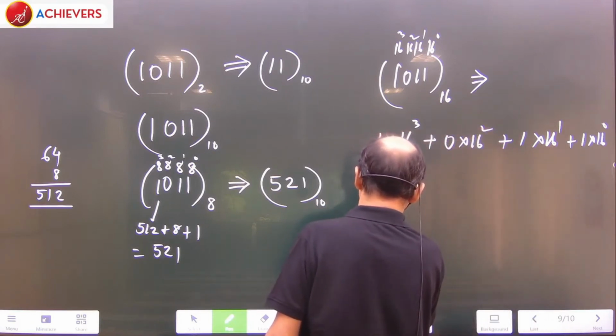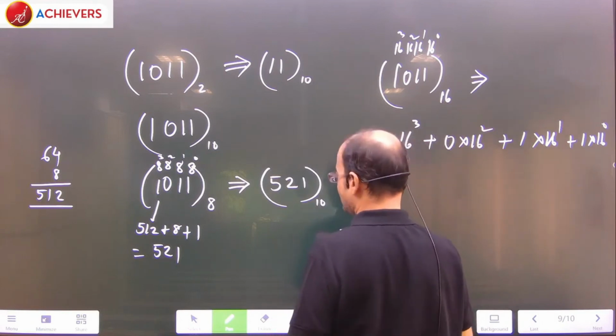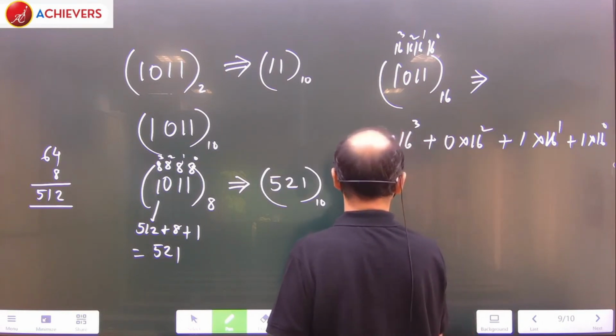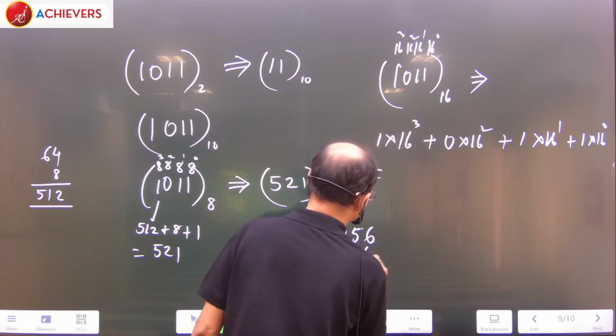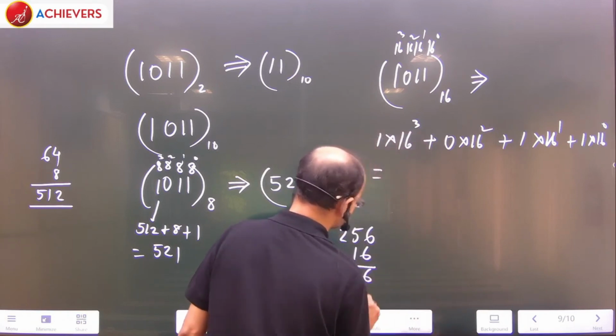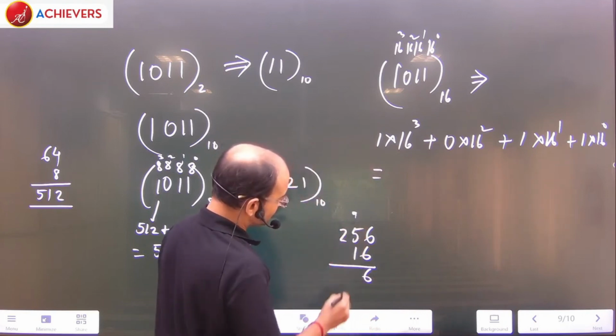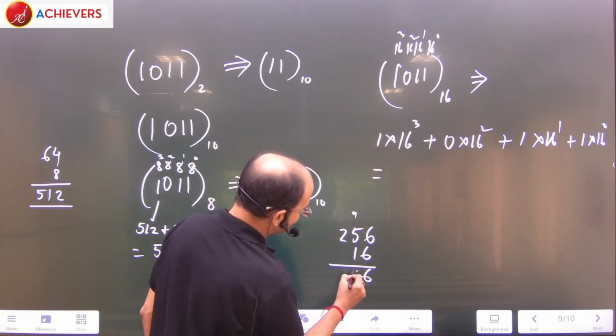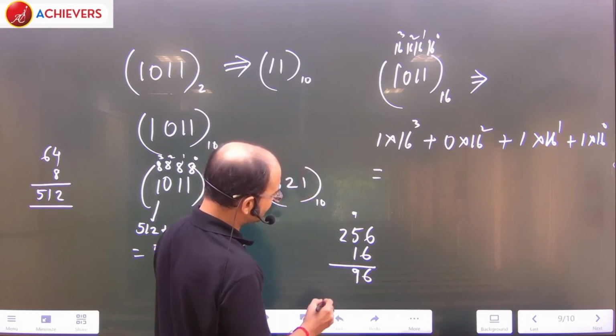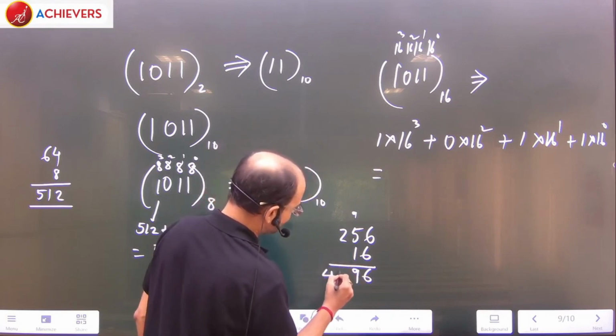16 square. 16 into 16 is 256, into 16. 16 sixes are 96, 9 in hand. 16 fives are 80, 89. In hand 8, 32, 4096.